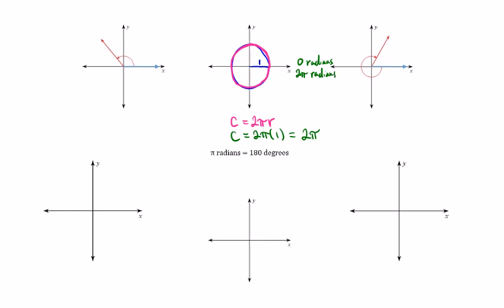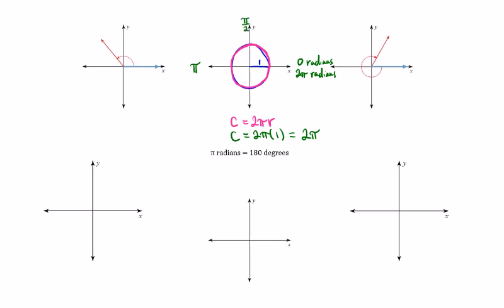All right, so let's reverse engineer this. If 2 pi radians is a full circle, what would be a half rotation? If I went from here to here, what would that be? Well, half of 2 pi is 1 pi, so this would be pi radians. And then what if we went half of that? If we just went here, a right angle, that would be pi over 2. It'd be half of a pi.